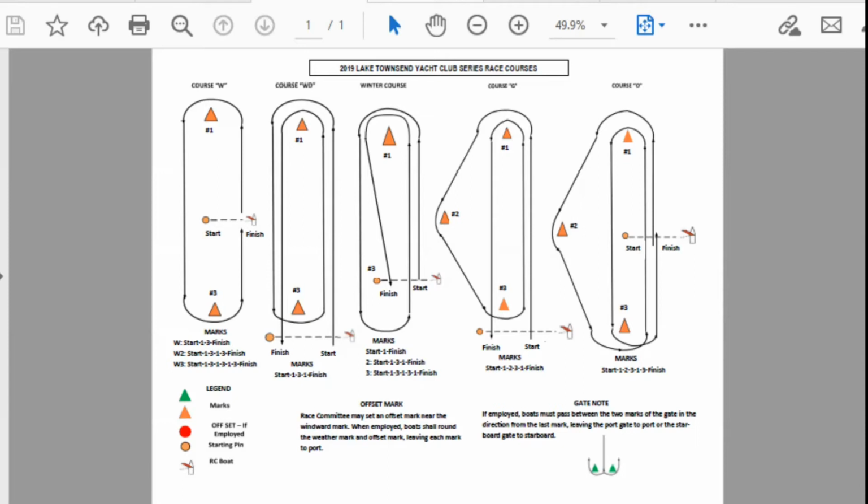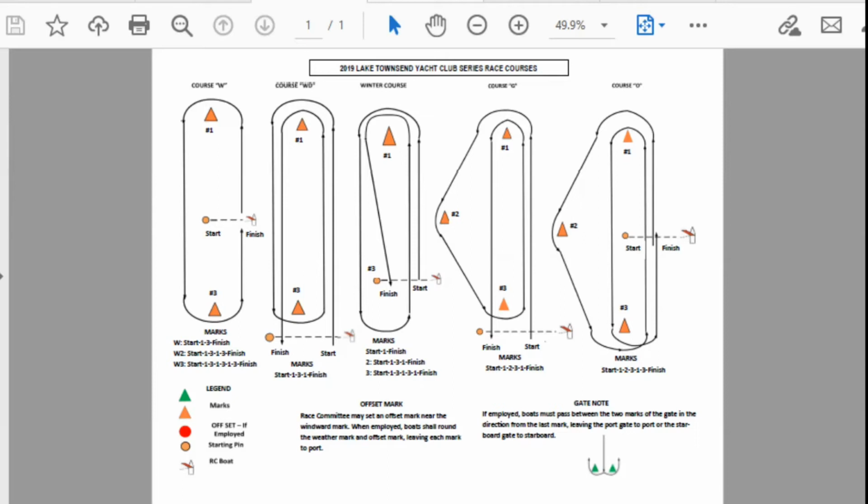And a WD2 would be what CSC and Lake Townsend designate as a WD. And what they designate as a WD2 would be the WD3 at other clubs. So basically what you want to do when you look at the SIs is say, okay, is this the number of times around the leeward mark or the windward mark? Or in some cases, it's not consistent from course to course.